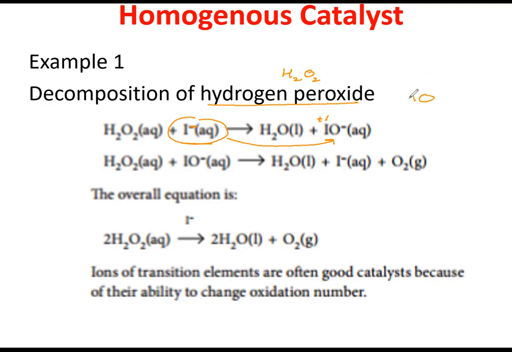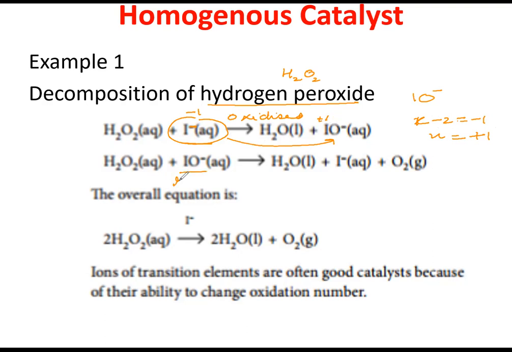How? In IO negative, the overall charge of this ion is -1; let's take iodine as X. X minus 2 equals -1, so X is going to be +1. So in this ion the oxidation number of iodine is +1. So it's changing from -1 to +1, and we'll say that it has been oxidized to ions where its oxidation number is +1.